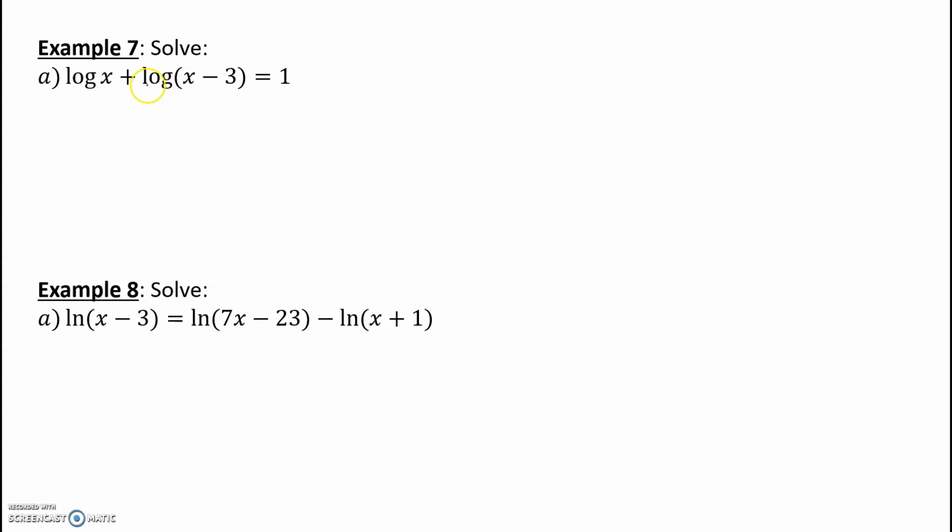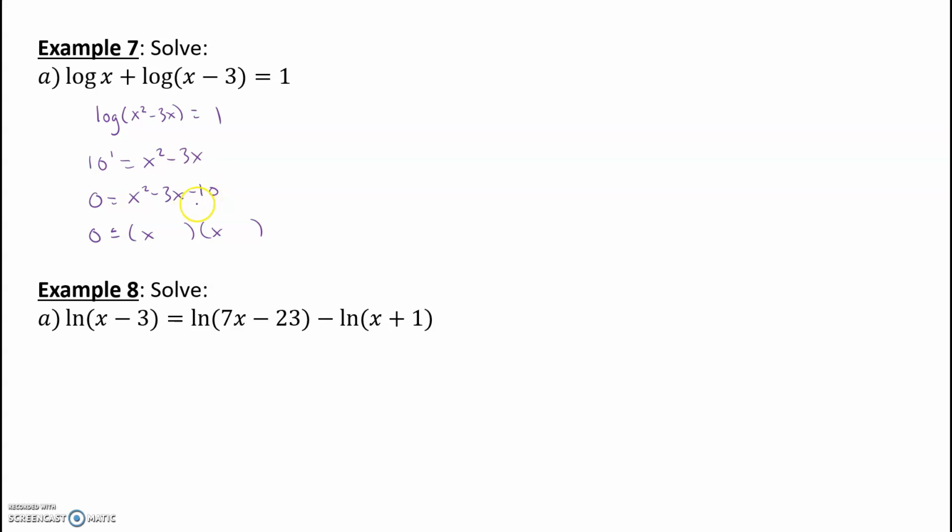All right, next one. Let's go ahead and combine these. Addition we combine with multiplication, so log of x squared minus 3x equals 1. And then put it in exponential form, so 10 to the first power equals x squared minus 3x. I see a quadratic here, so I'm going to make it equal 0, so subtract 10, and we're going to factor.